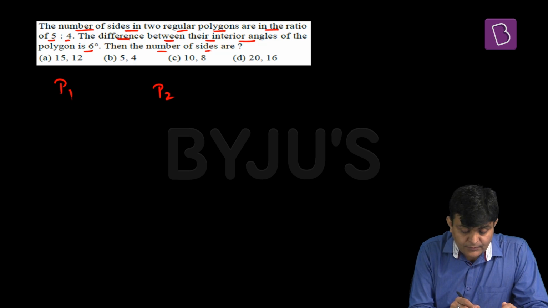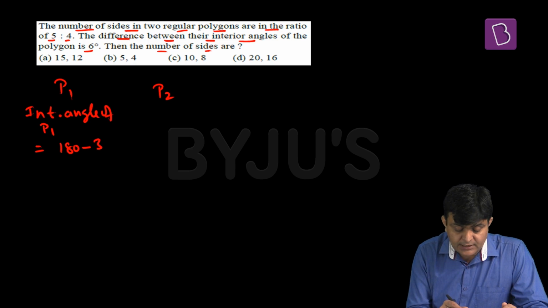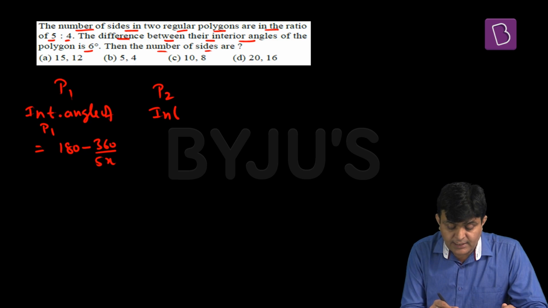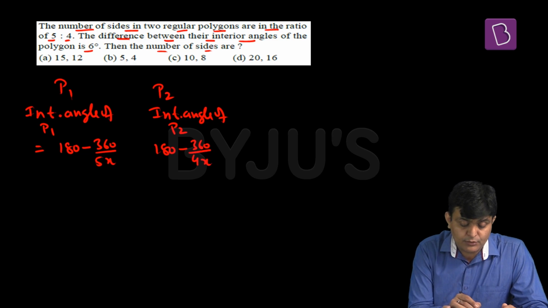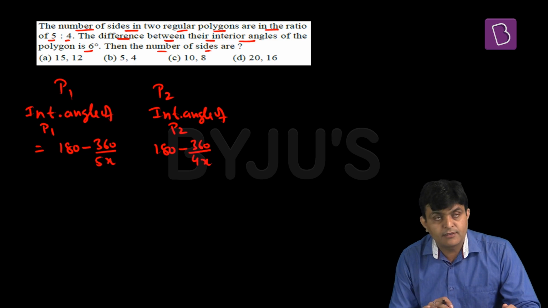So the internal angle of P1 is equal to 180 minus 360 by 5x. The internal angle of P2 is again 180 minus 360 by 4x, because the ratio is 5:4, we have to write 5x, 4x.